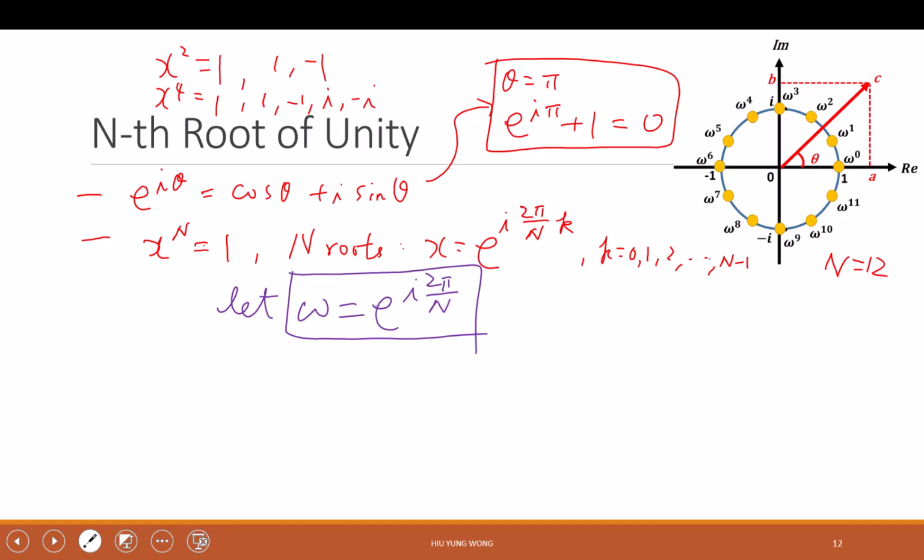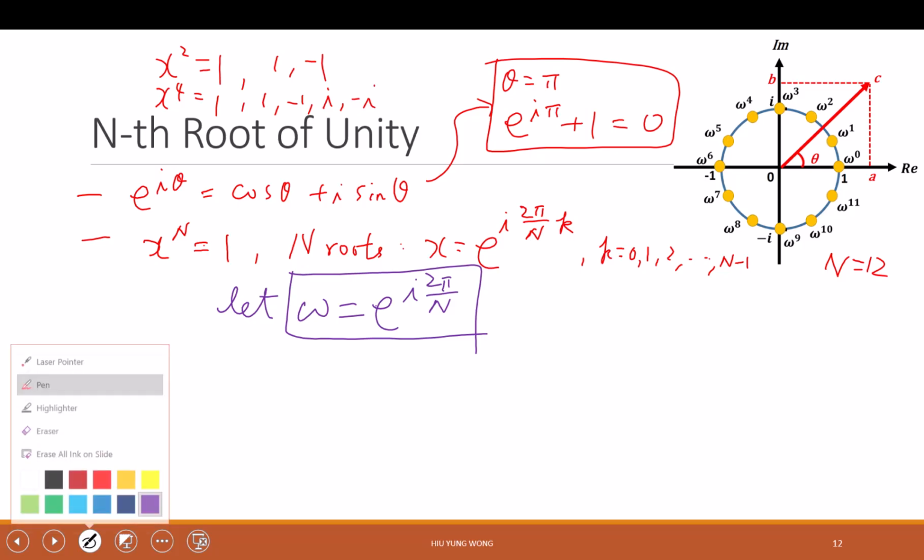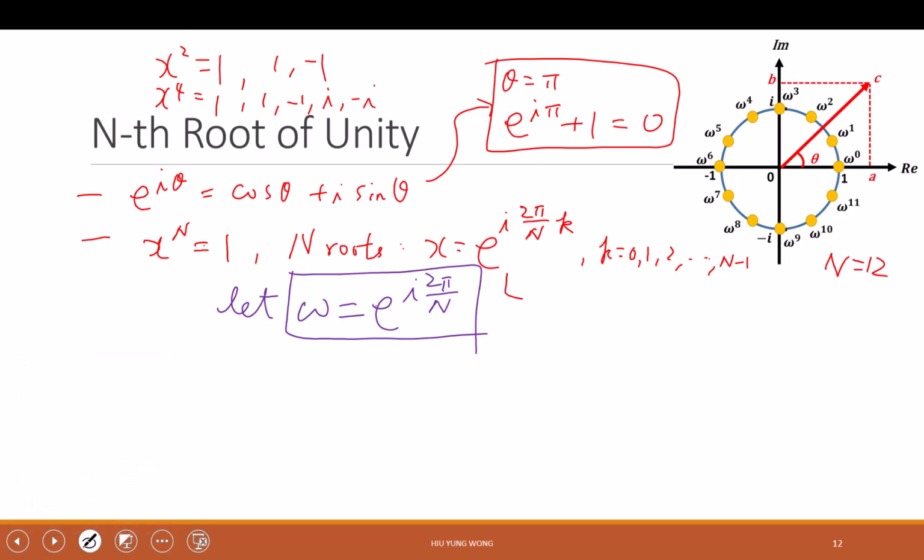So this is omega. And if that is the case, then x equals omega to the power k, with k equal to 0, 1, all the way to n minus 1.